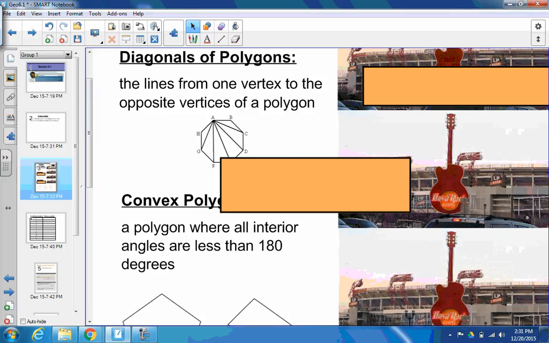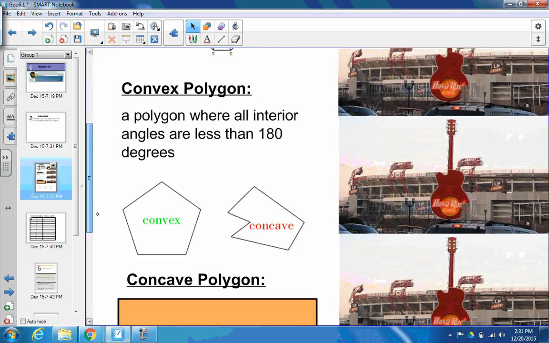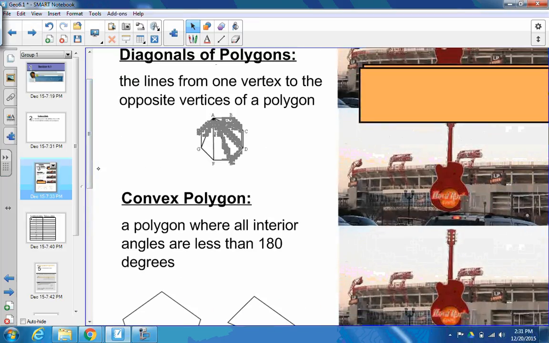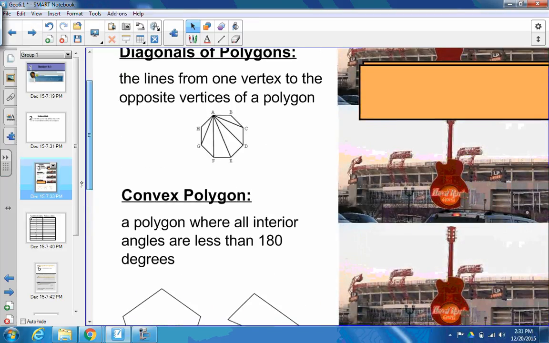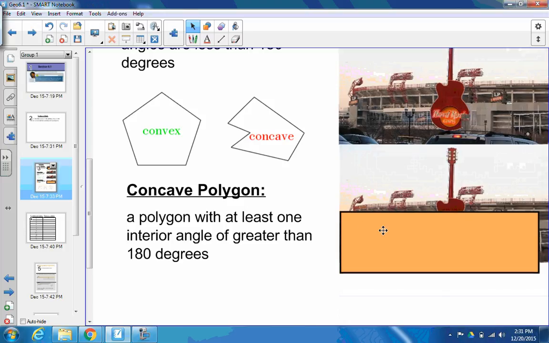A convex polygon is different from a concave. A convex polygon is a polygon where all interior angles are less than 180 degrees. If you look at the picture here, a convex is just a regular looking polygon where all the angles inside are less than 180 degrees. Whereas a concave polygon is a polygon with at least one interior angle that's greater than 180.